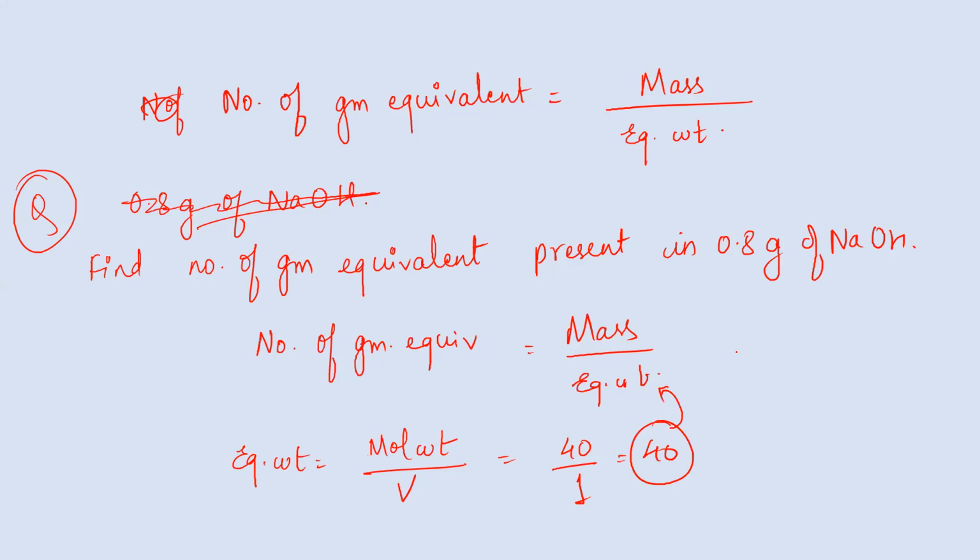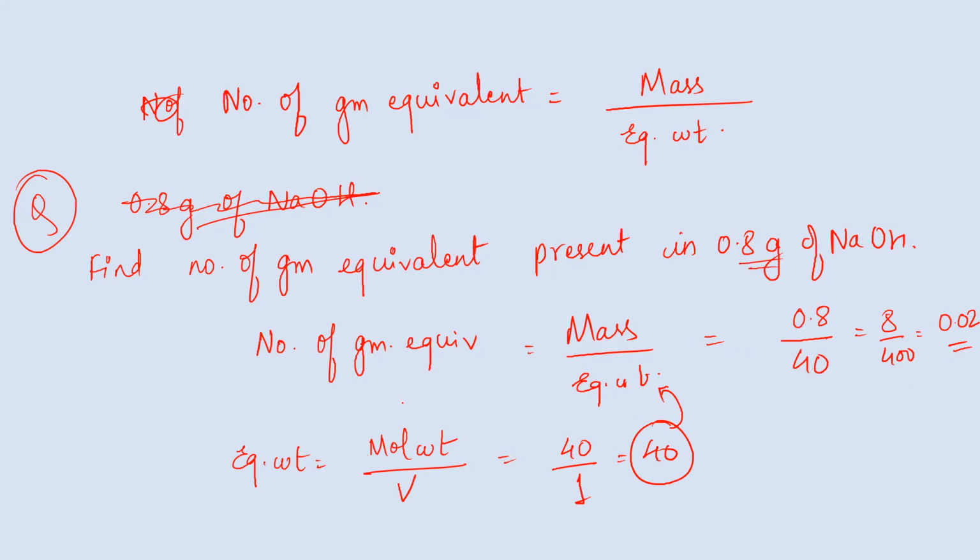Okay. Now you just substitute that in the formula. The mass given is 0.8 divided by 40. So you will say 8 by 400, which comes to 0.02. Is this correct? So the number of gram equivalent is 0.02. Okay, so this is the way you will calculate.